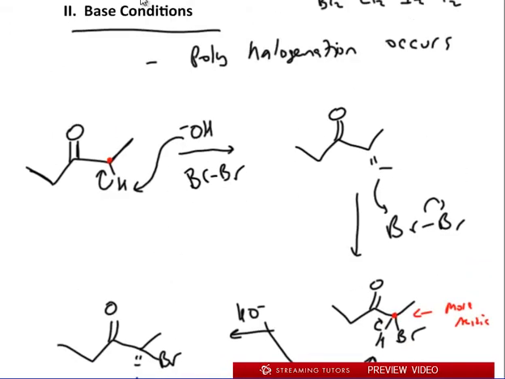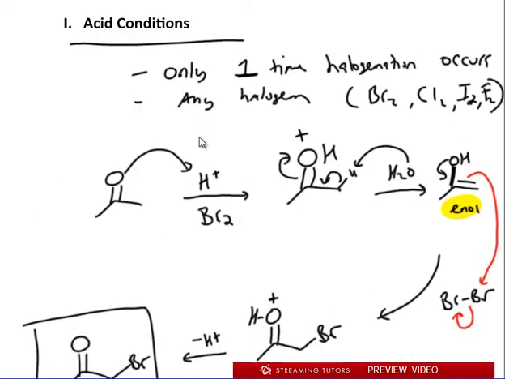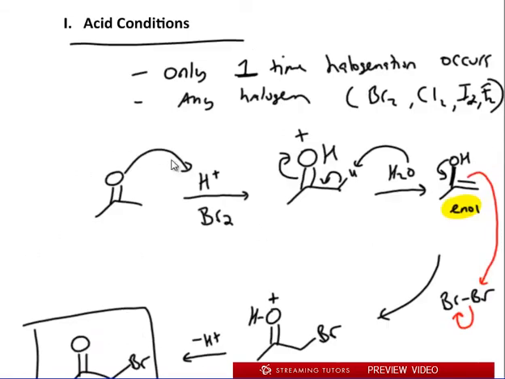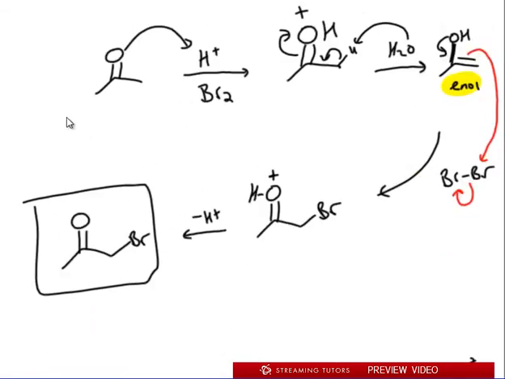So unlike the acid pathway, it's very hard to even get one H to get pulled off because you already have acid around, which is much more acidic than the carbon. So it's really difficult to get even one to happen, right? Usually you have to raise the temperature, you have to do some pressure changes. You got to do things in order to get this to happen. So if it does happen, it happens once and it never happens again.